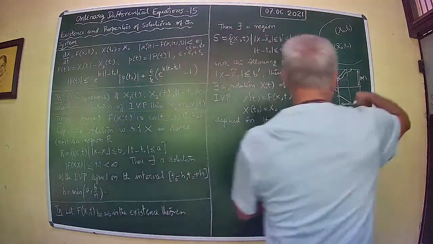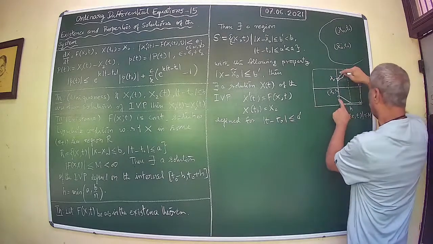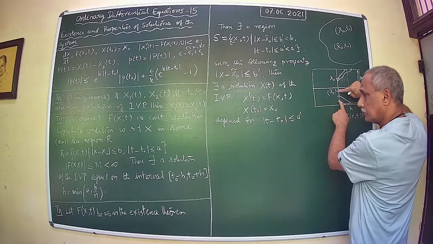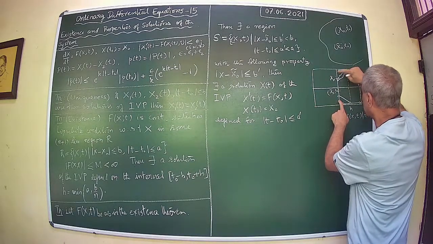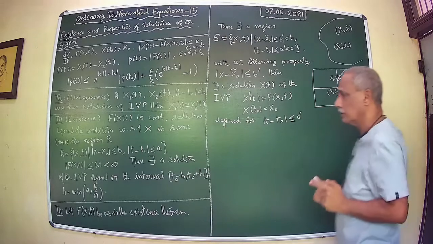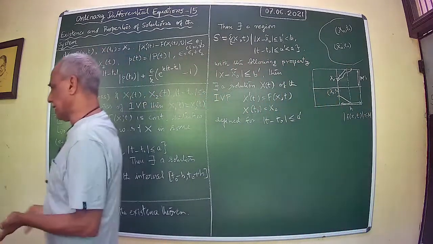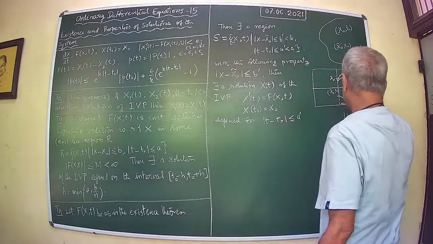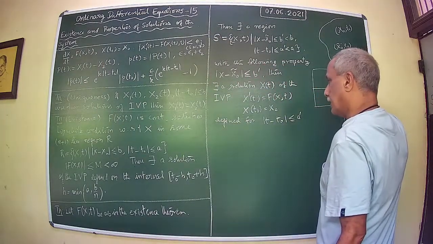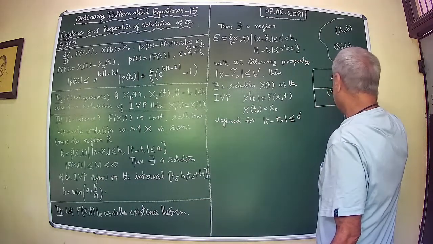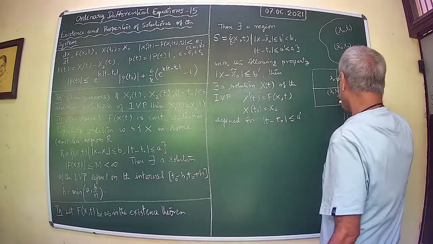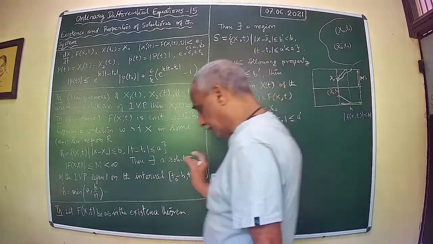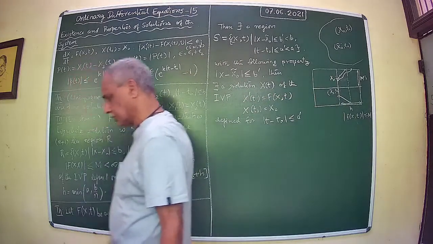So the extent to which x naught is away from x naught tilde, you are going to have the solution defined on a smaller interval. Nevertheless, if this distance is strictly less than a, sorry, b, then you are going to have this defined over some interval mod t minus t naught less than or equal to h for some h.